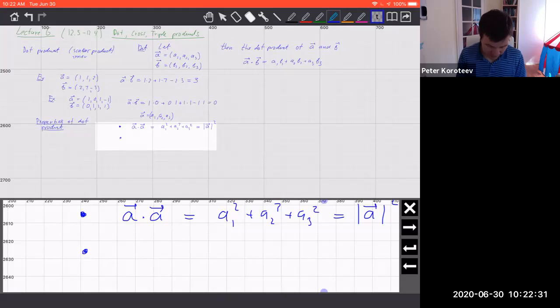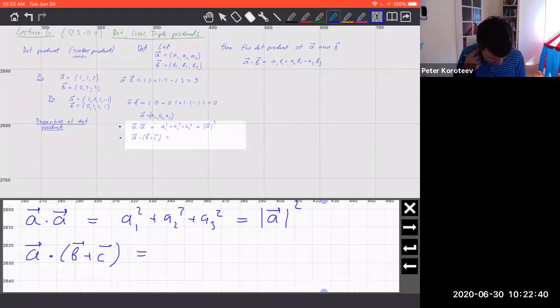Number 2, there's the distribution law. If you take A dot B plus C, everything follows from the definition. These are simple properties.